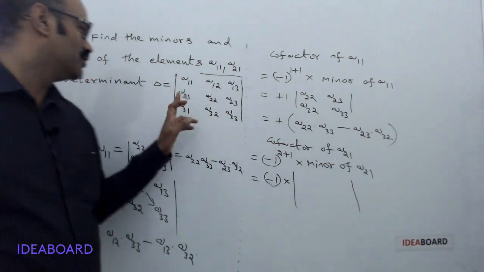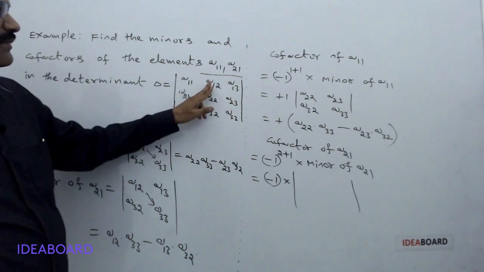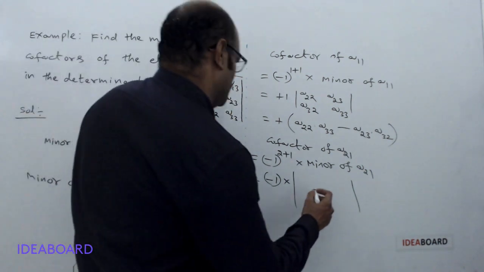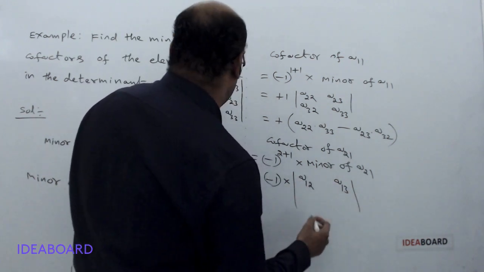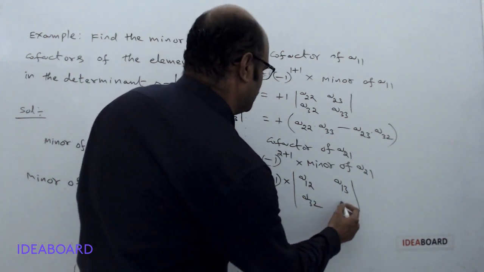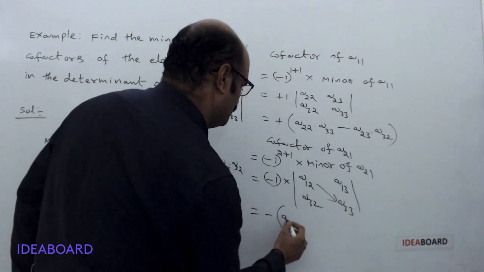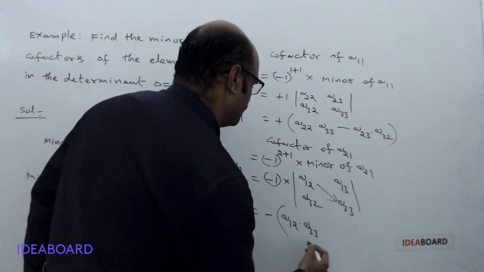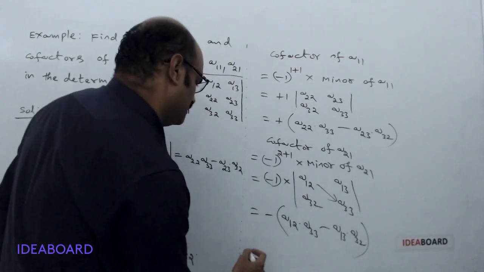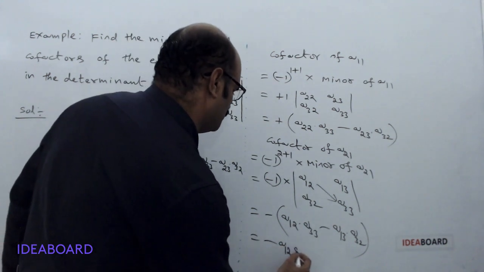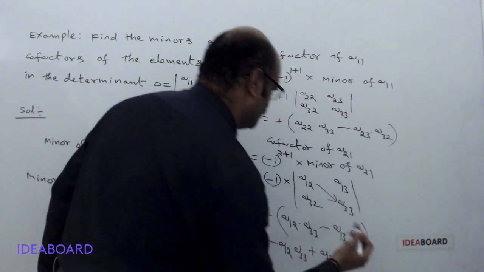Minor of A21: we remove the first column and second row, and the remaining four elements we take in a determinant: A12, A13, A32, A33. So minus of A12 into A33 minus A13 into A32, equal to minus A12 into A33 plus A13 into A32.